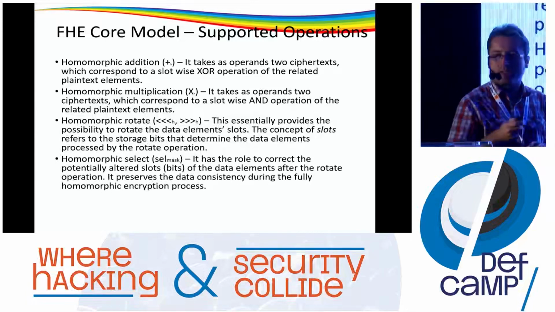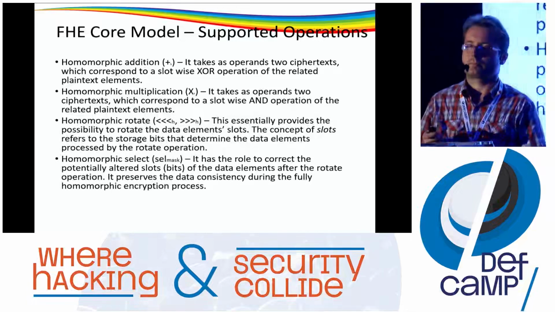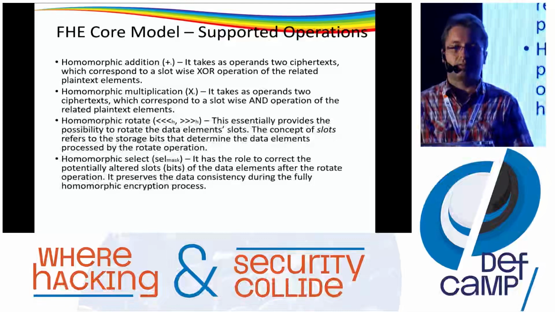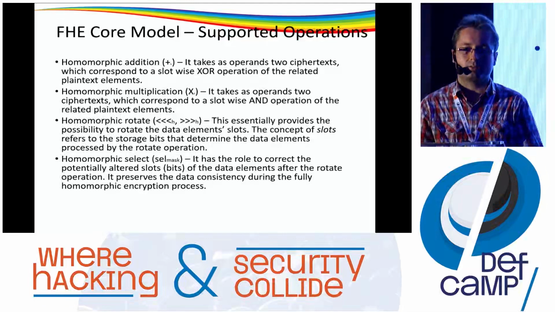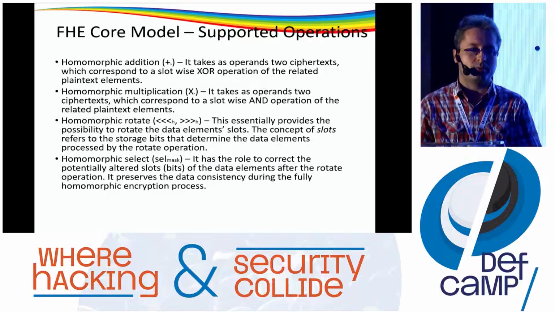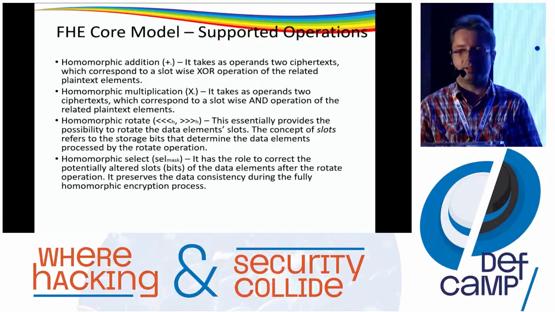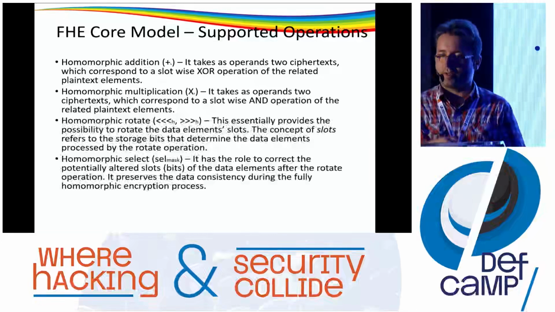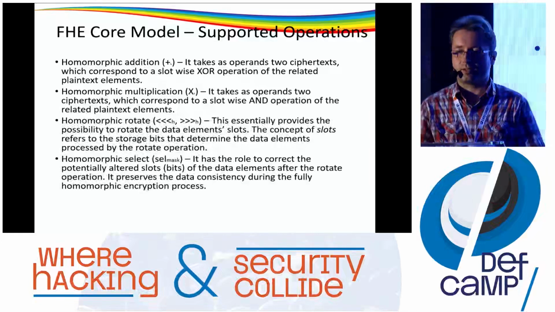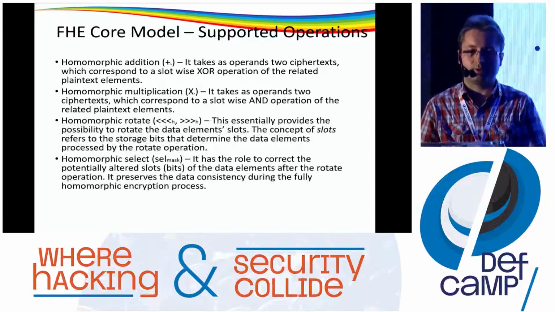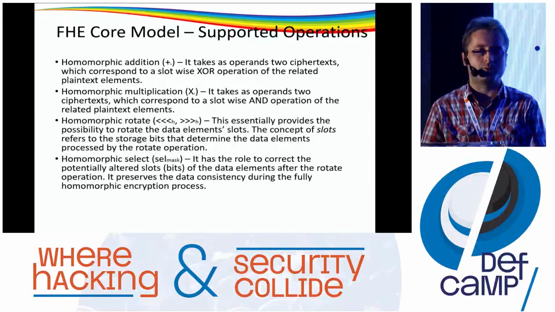And as we may understand, applying this kind of operation may and will produce alterations to the original data. So the fourth operation ensures that this kind of alteration is not possible in reality.